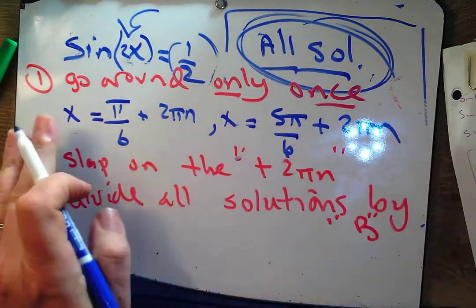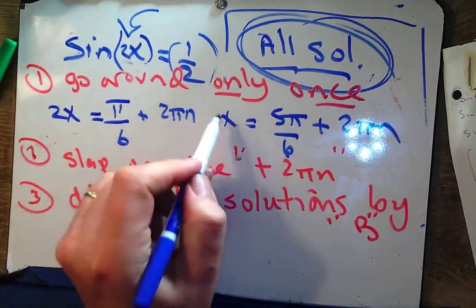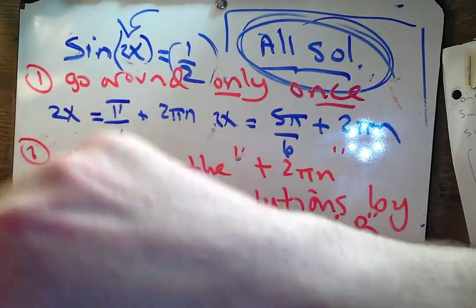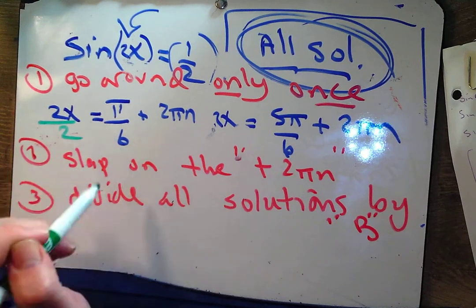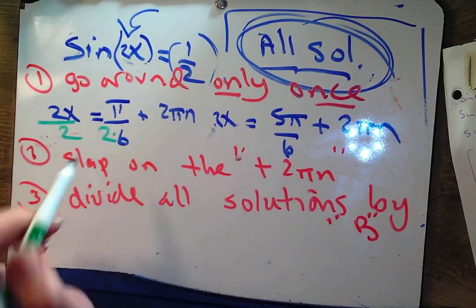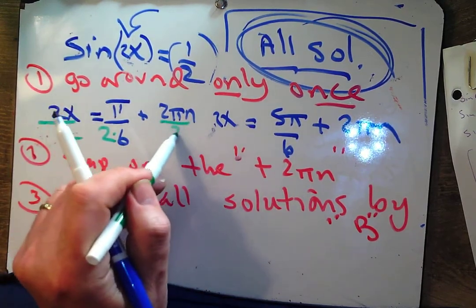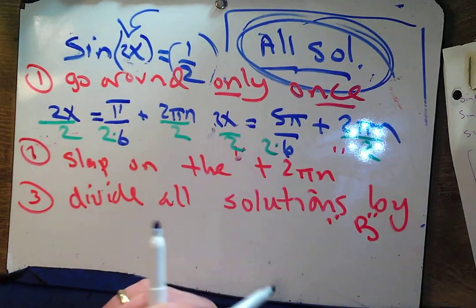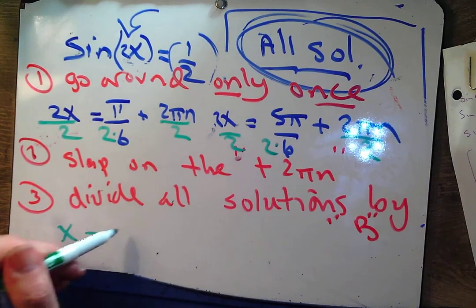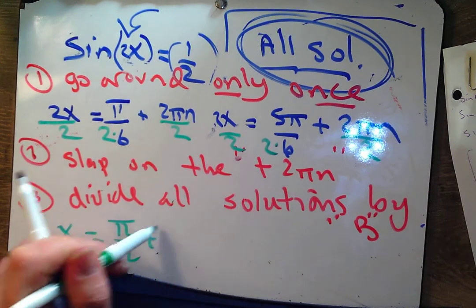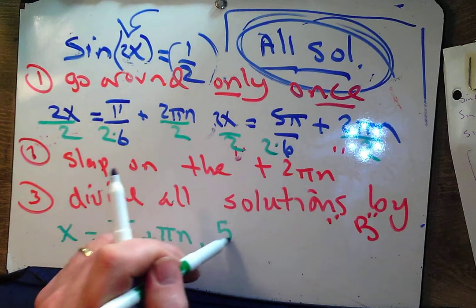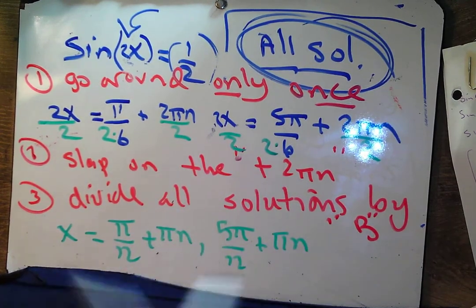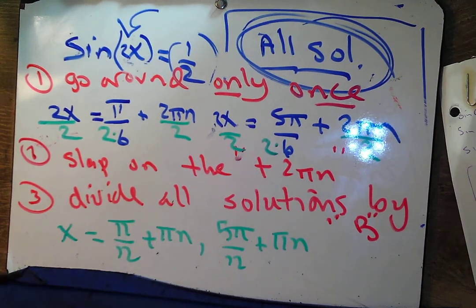Well, if we're doing this problem here, and we have these answers, what I'm suggesting is divide by 2, but wait, there's more. Divide by 2, divide by 2, divide by 2, divide by 2. And so my answers here are going to be x equals pi over 12 plus pi n, and 5 pi over 12 plus pi n. I shouldn't be seeing 2 pi n's here.